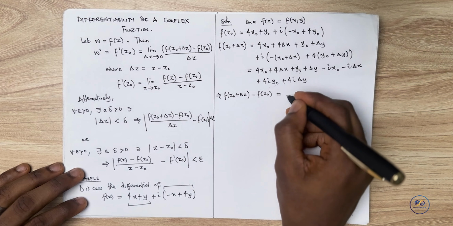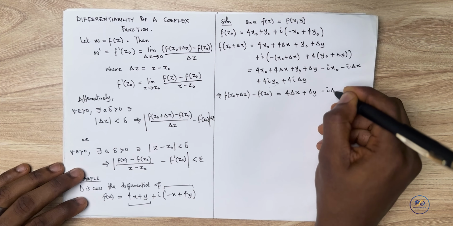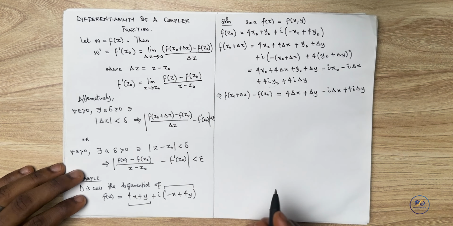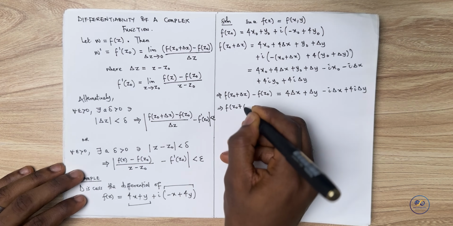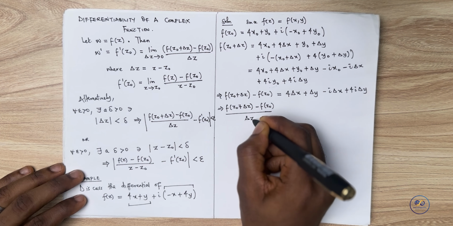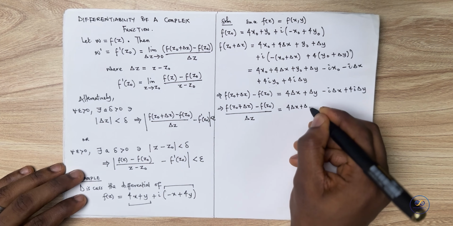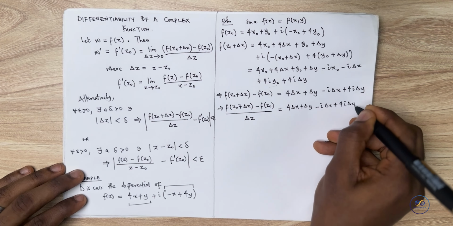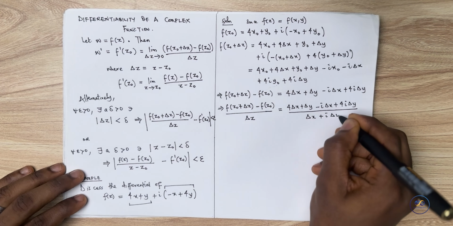So what will be left in this case is just going to be 4 delta x plus delta y minus i delta x plus 4i delta y, which means immediately that, of course, if we write f of z naught plus delta z minus f of z naught divided, of course, by delta z, we will have, in this case, 4 delta x plus delta y, right, minus i delta x plus 4i delta y, all divided by delta z, which we can write, of course, as delta x plus i delta y.